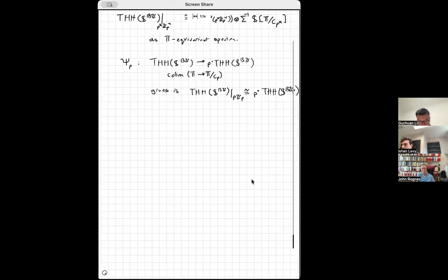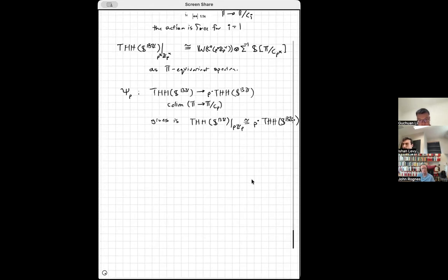Okay, so maybe let's think about what the Tate construction on THH is now. So what is THH of S to the BZ, Tate C_p? The Tate construction has the property that it sends any object with a free action to 0.